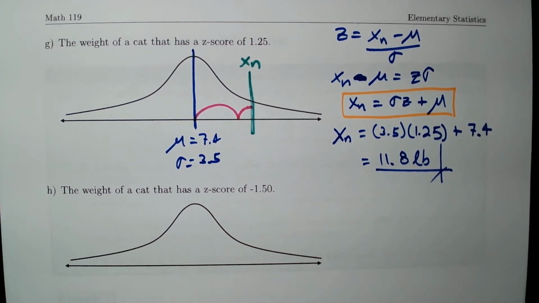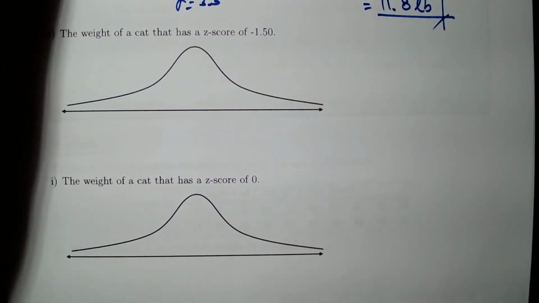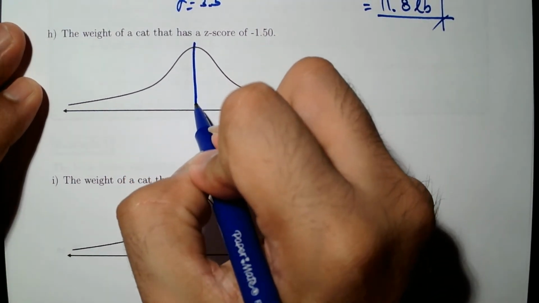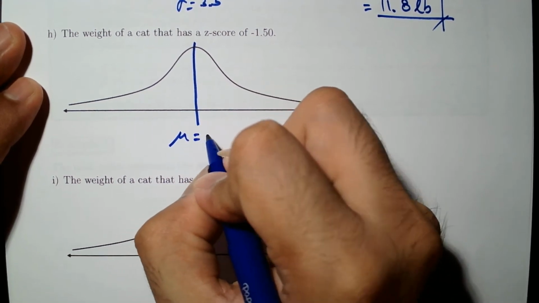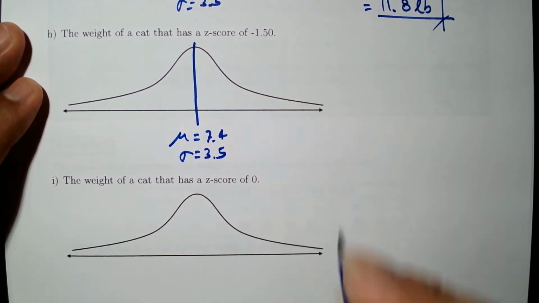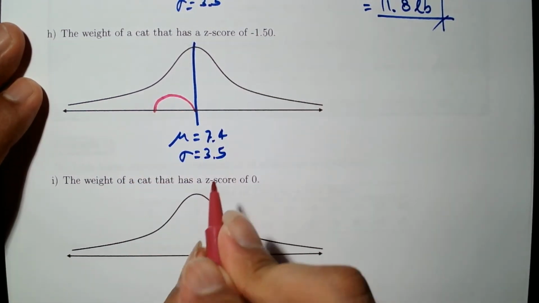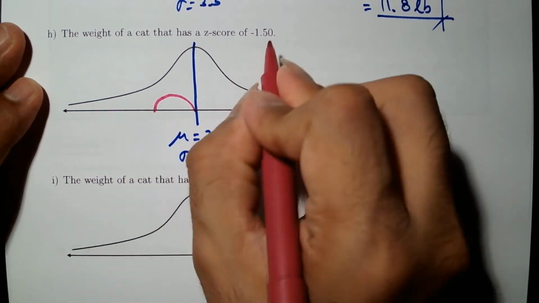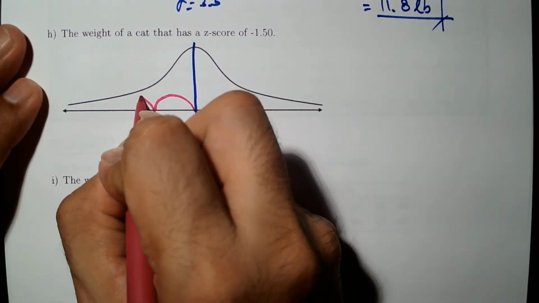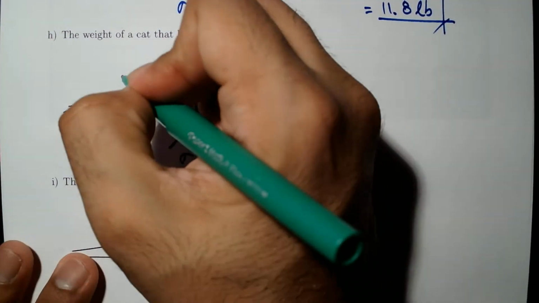Okay, now let's look for the weight of a cat that has a z-score of negative 1.50. All right, so first of all, mu equals 7.4, sigma equals 3.5. So we're going to go 1 standard deviation in the negative direction, and half another standard deviation.